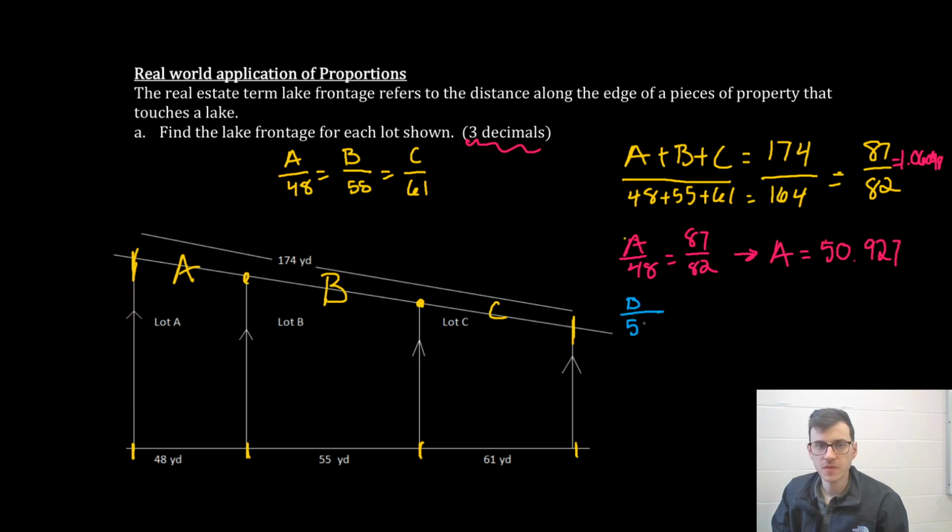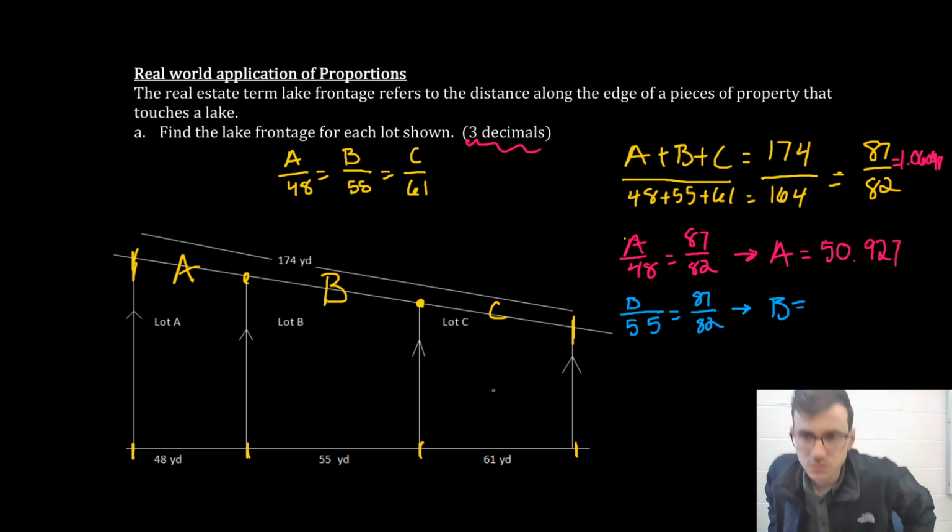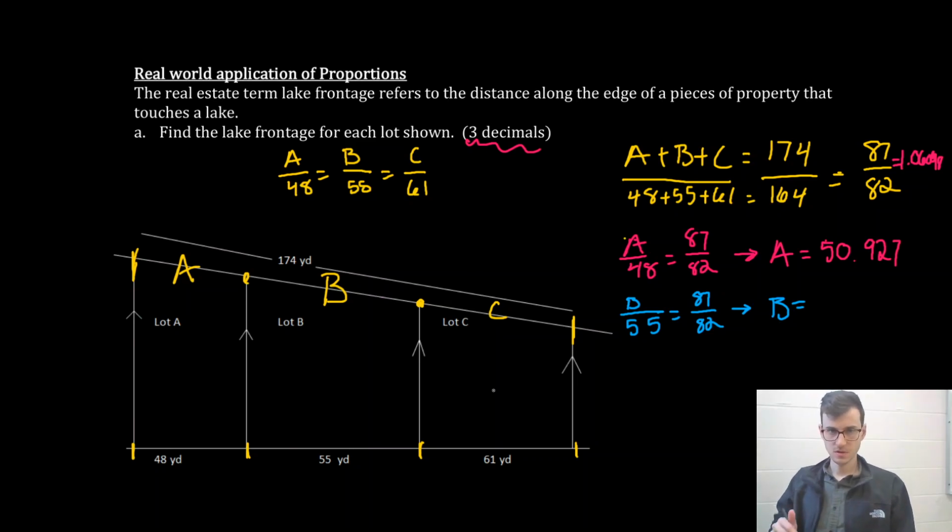Okay, now B. B over 55 is equal to 87 over 82. So B equals what? Well, we got to do 87 over 82 times 55.